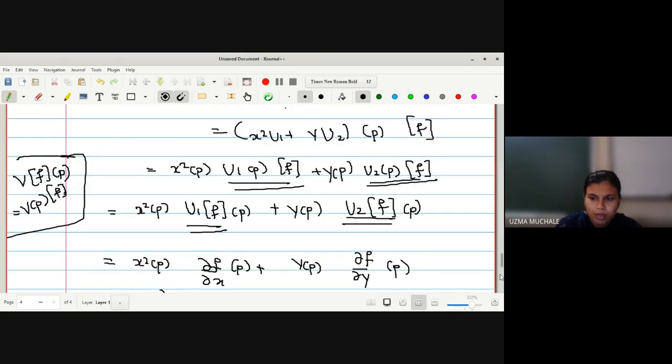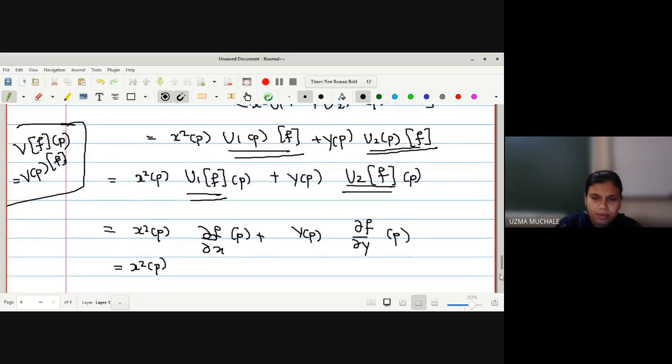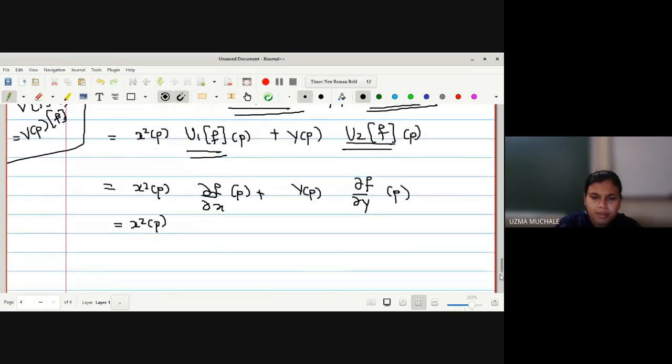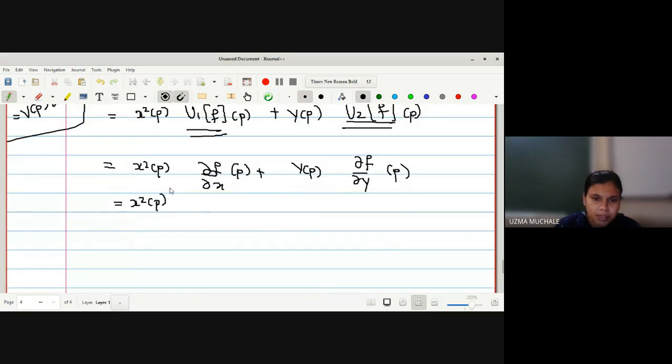Here you have to write down this as firstly f with respect to x, then we have to evaluate f with respect to y. F with respect to x is 2xz at a point P plus y at a point P as it is, f y is simply 1.